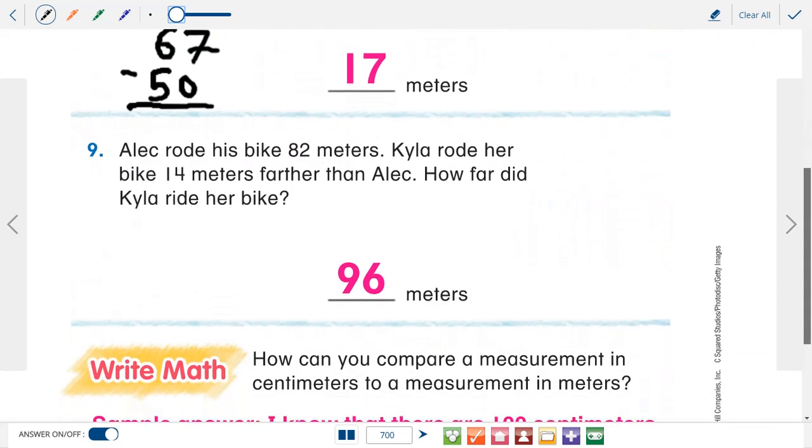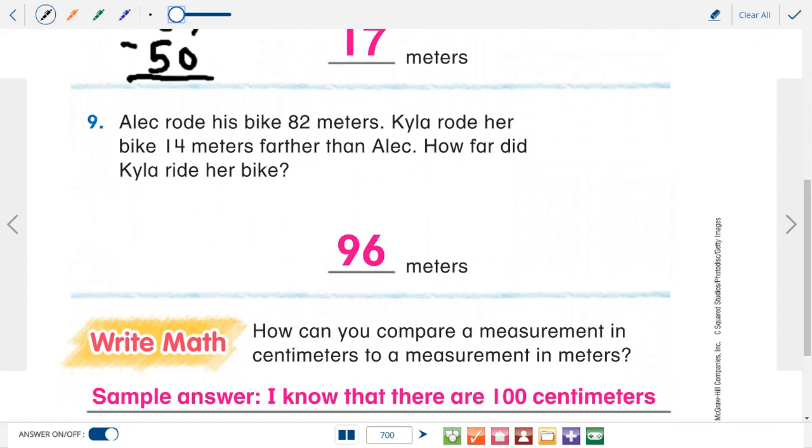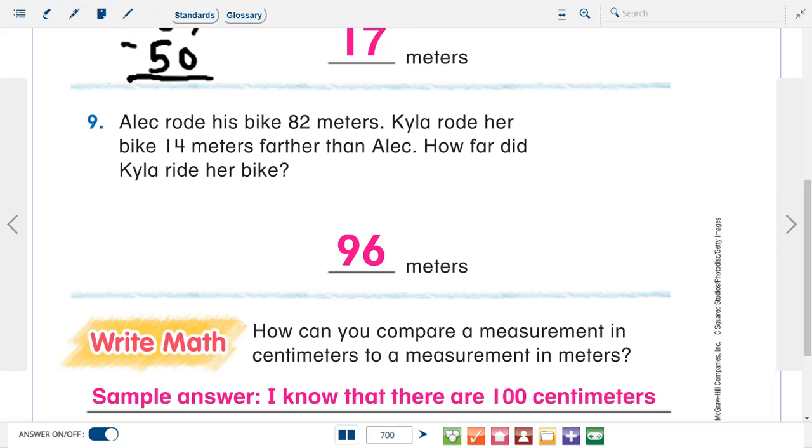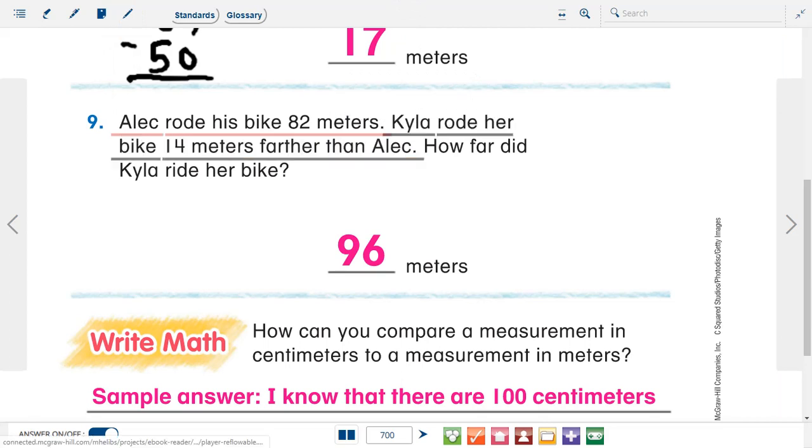Yes. Alice rode his bike 82 meters. Let's underline this. Okay. So 82 meters. Kayla rode her bike 14 meters. Let's use another color to underline this. I'm underlining the important information that you must know, okay?